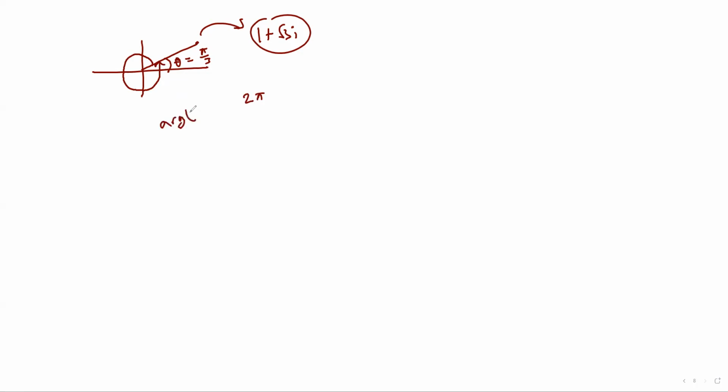So the argument of 1 plus root 3i, which is clearly, according to our calculation, pi by 3, can also be 2 pi plus pi by 3. They are equivalent angles. And you could just write minus 2 pi plus pi by 3 as well.